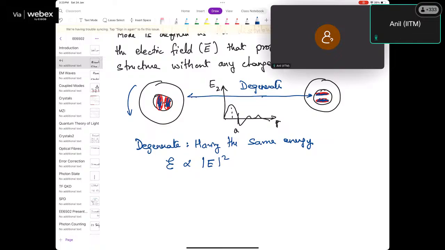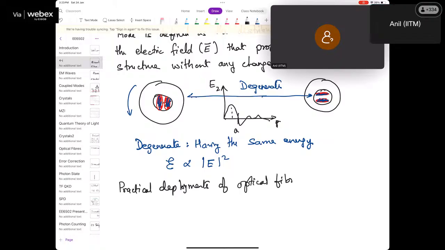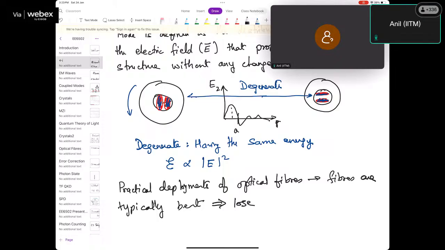Now, you and I have all seen practical deployments of optical fibers, and the fibers are typically bent, and that implies that I could lose energy from E1 to E2, right?